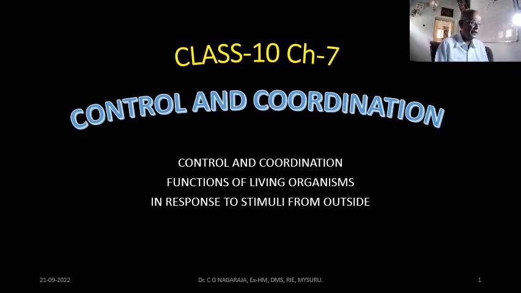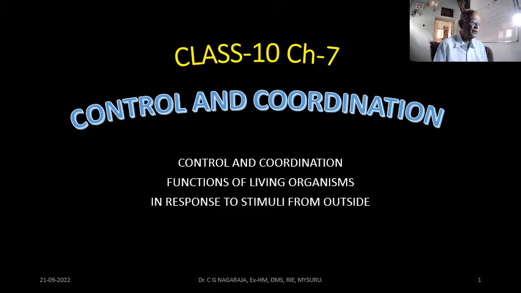So, many functions that we see in animals and plants today are nothing but responses to the stimuli that they have outside their body. There may be heavy rainfall, or a very bright light, and plants do respond in some way or the other.